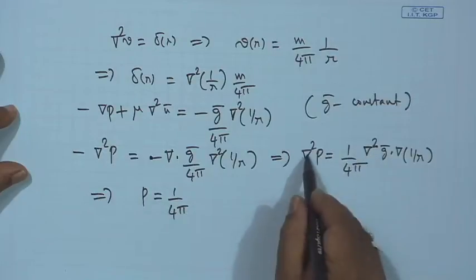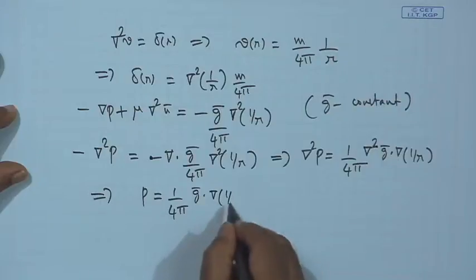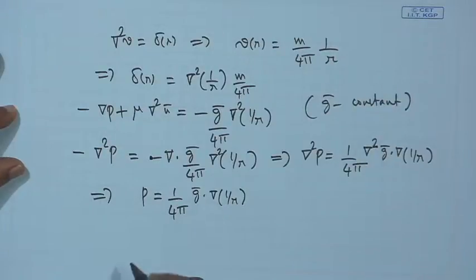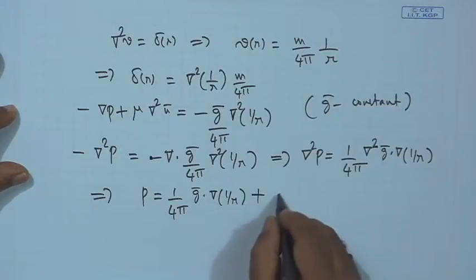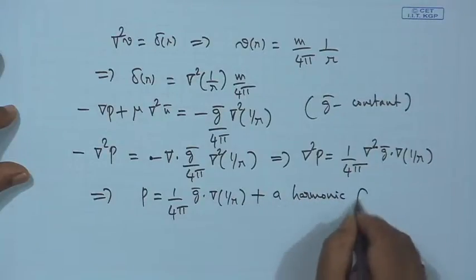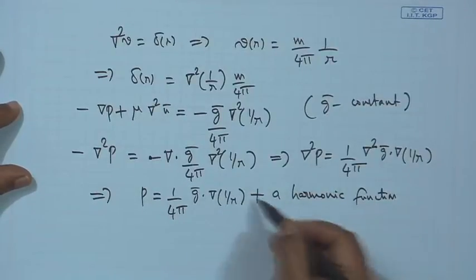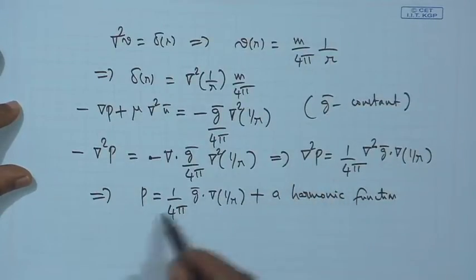So, Laplacian, and this is also Laplacian. Okay. Plus a harmonic function, because any harmonic function can be added. From this we are concluding this, right.